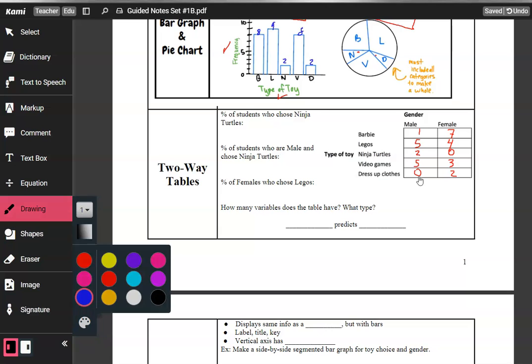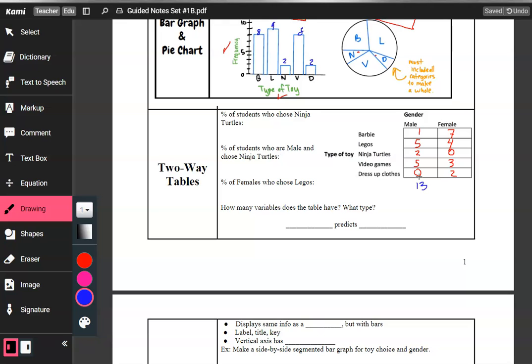Okay, so something that is not given here that is very important is to add up all the columns. So right here, you will see that you got 13, 16, 8, 9. This is 2, 5, and 3 is 8, and 0 plus 2 is 2.